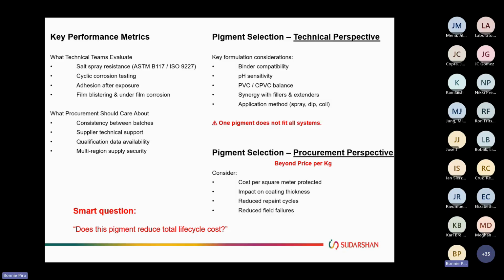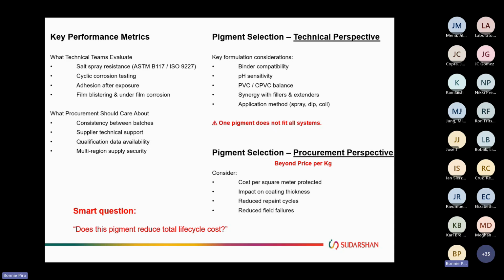There also has to be synergy with any other filler or extenders that might be in that formulation, because we do not want them to fight against each other in that formulation. And then, of course, what type of application method will be used for this one. So again, there's many different products in each of these categories, and we want to make sure that you have the right product for your application.